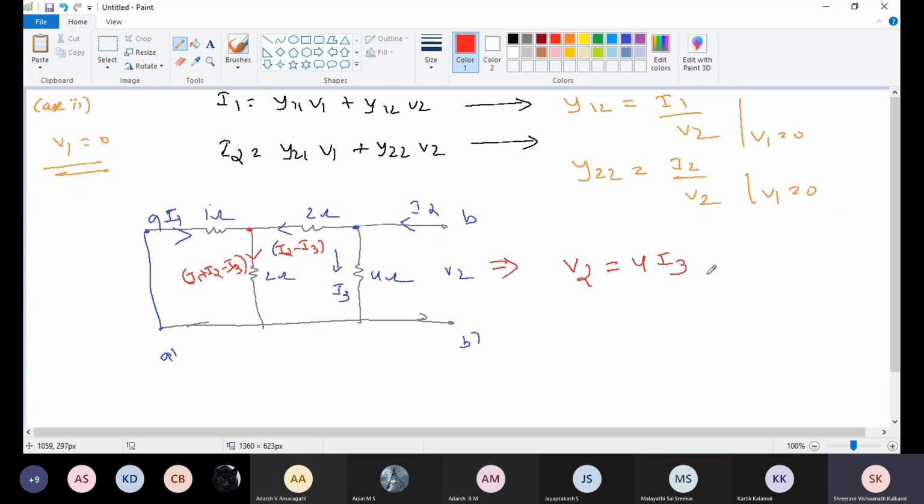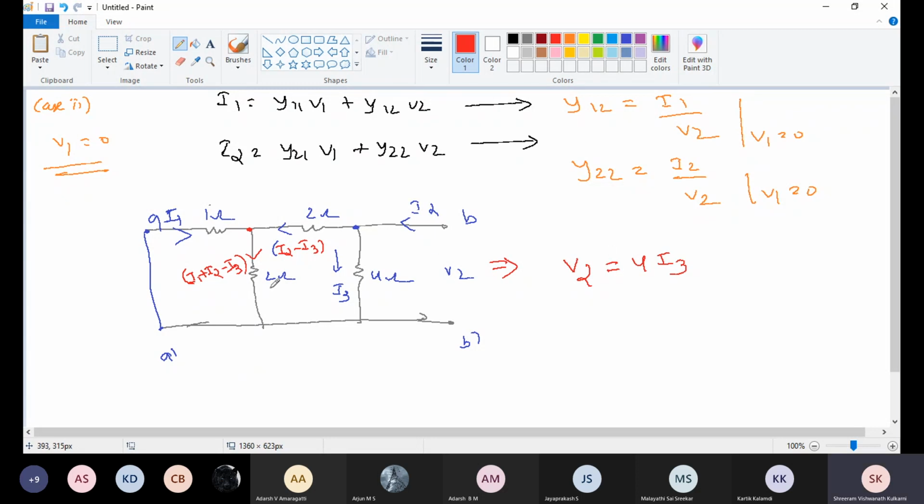Right or wrong? Why? Because just remember, for all parallel circuit elements, voltage will be the same. So I can write V2 equals to 4 into I3.